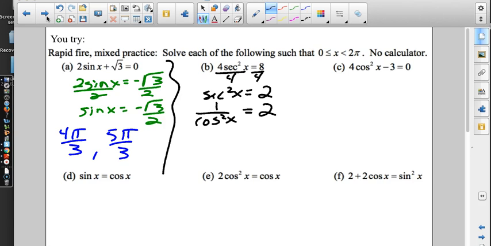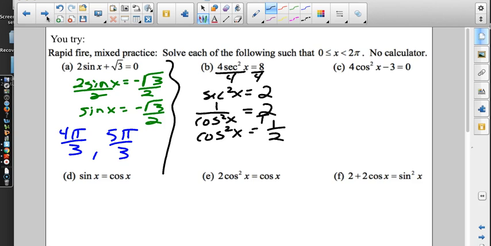Well, hey, if we're taking reciprocals over here, we just take reciprocals on the other side. Or you could cross multiply too. You could throw one underneath here and get the same thing. Cosine squared x times 2 equals 1. We're not done though, because that doesn't say cosine x, does it?